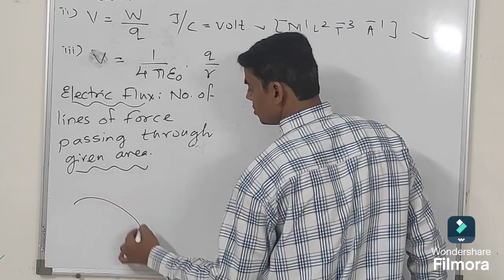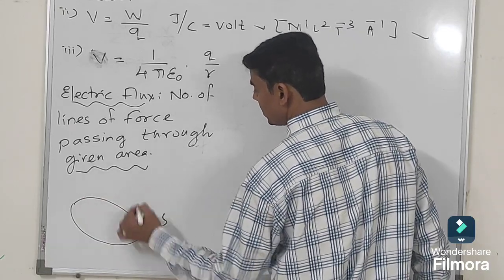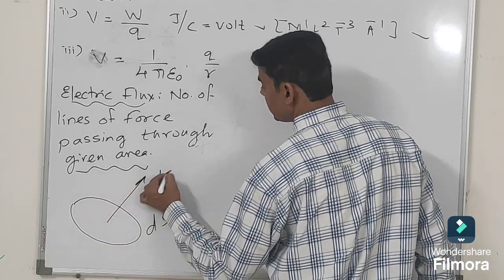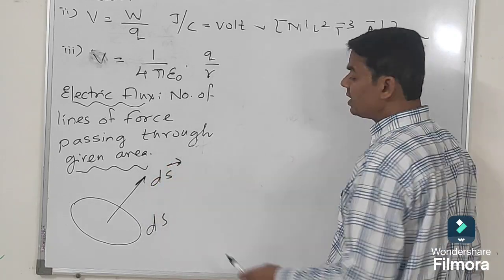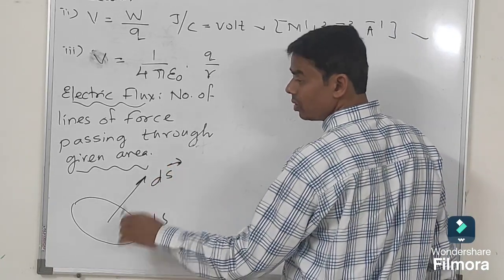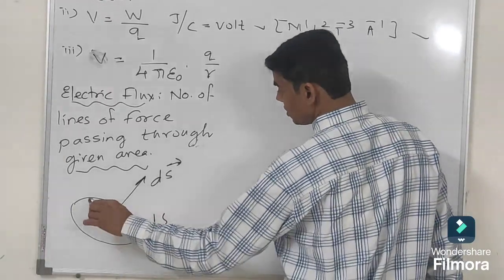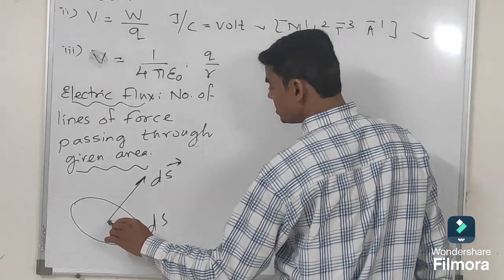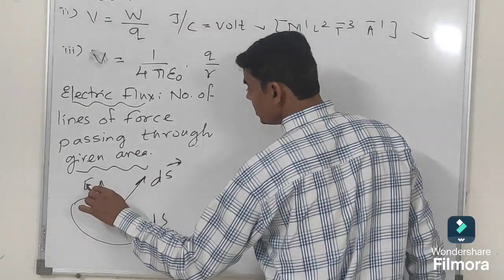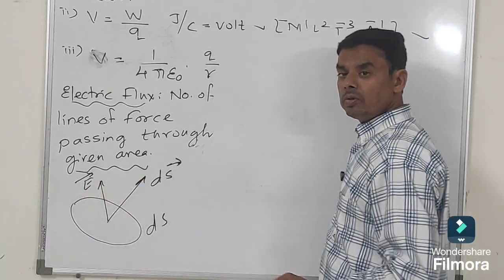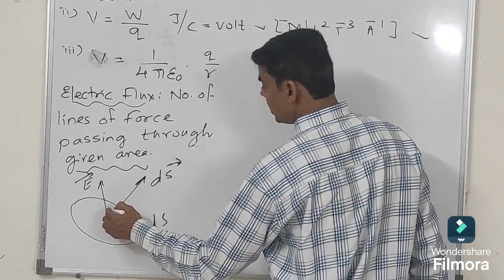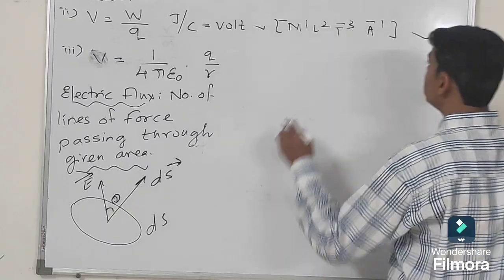Suppose we have this area ds, let this be the area vector ds bar. What is an area vector? A vector drawn normal to any surface and directed outwards. Let E bar be the direction of electric intensity due to charge present over this surface, and let theta be the angle between E bar and ds bar.